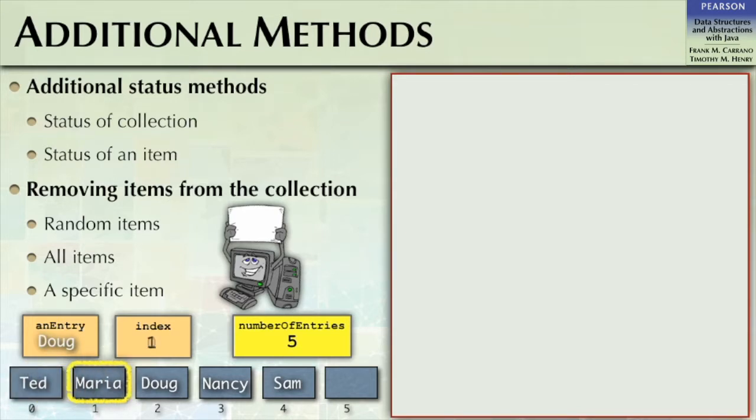While comparing the target to each entry, we track the entry we're comparing using the variable index. When the target matches an entry, we remove it by copying the last entry in the bag into that slot. We then set the array element that used to hold the last entry to null and decrement the numberOfEntries data field to reflect that an item was removed.